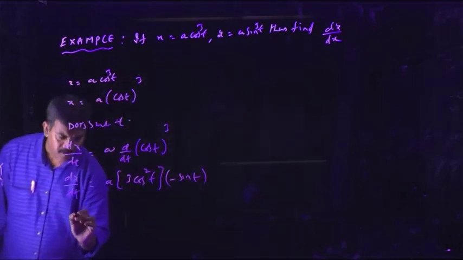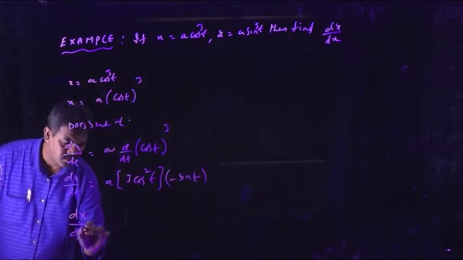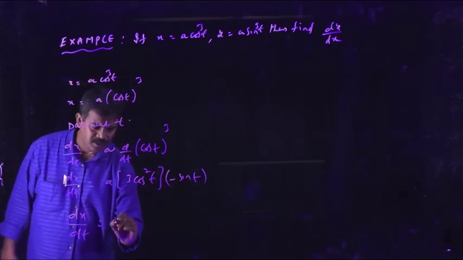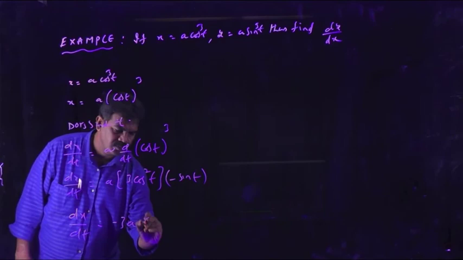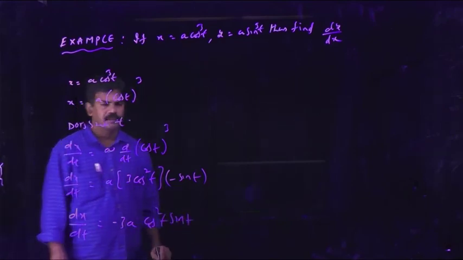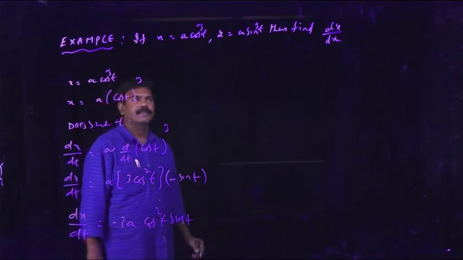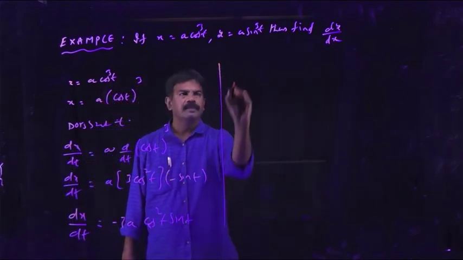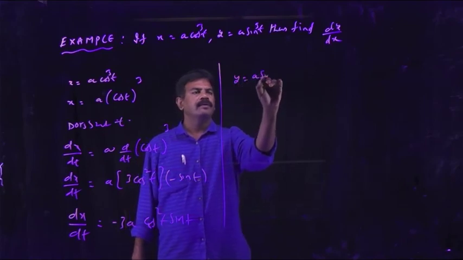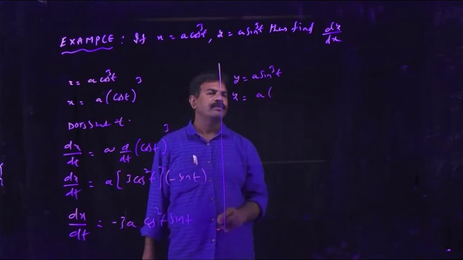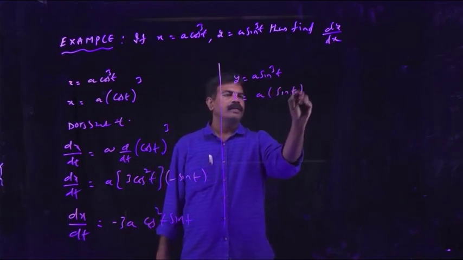That is dx by dt is equal to minus 3a into cos square t into sin t. This is the dx by dt. Now we find dy by dt. That is y is equal to a sin cube t. We write it y is equal to a into sin t whole power 3.